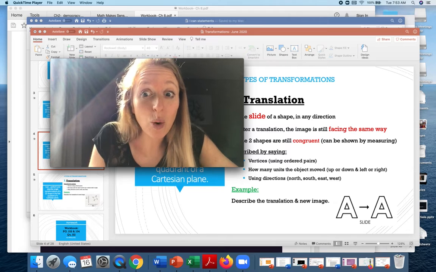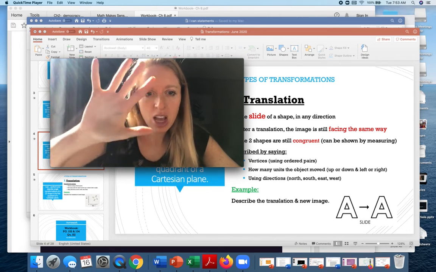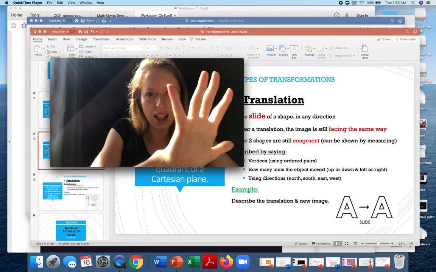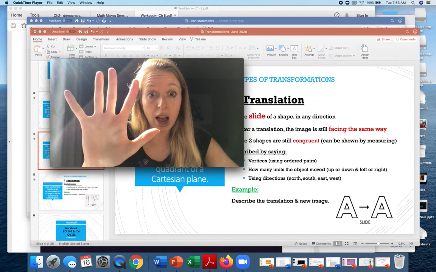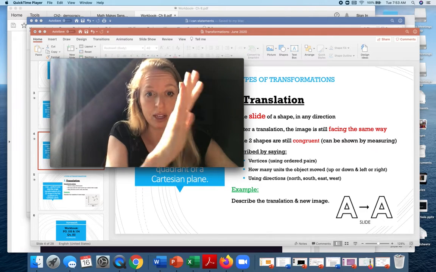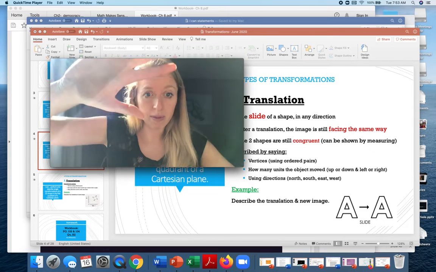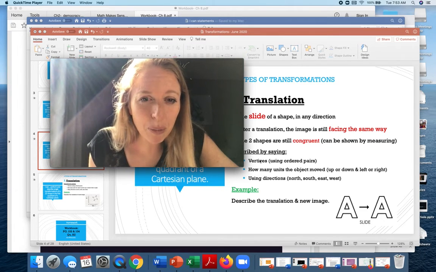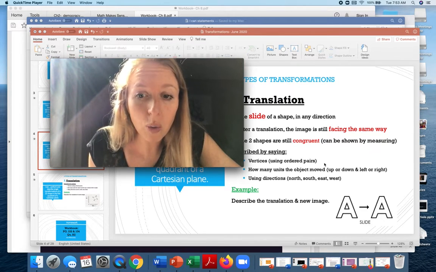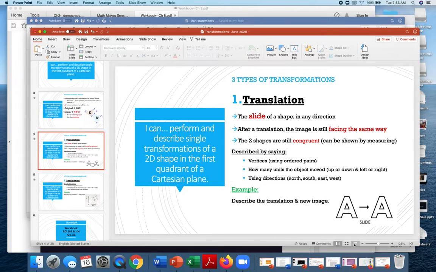And the last one is called a rotation, like a turn. So translation is a slide, reflection is a flip or mirror image, and rotation is a turn. We're going to be learning and practicing those other 2 tomorrow. We're starting with the easiest one today, which is translation.